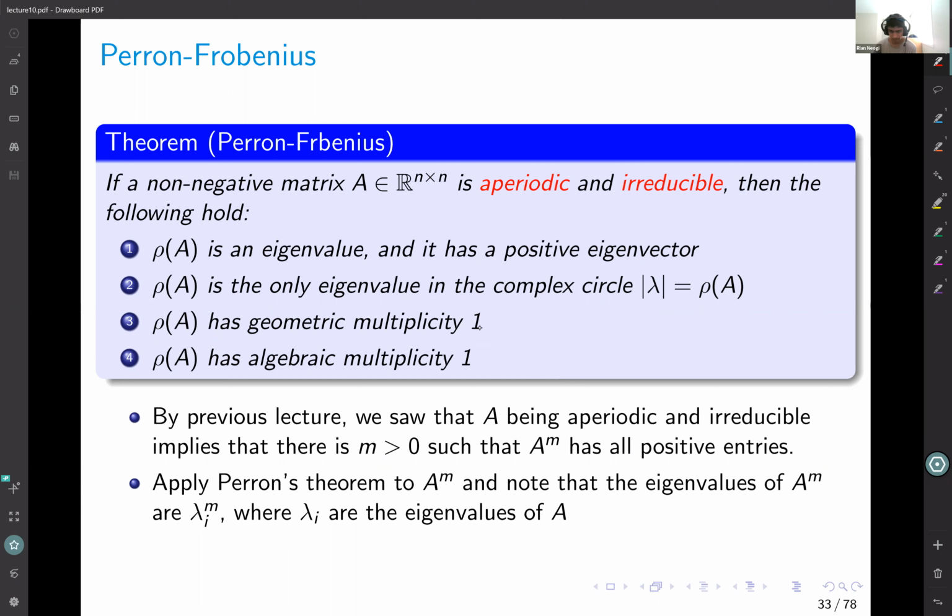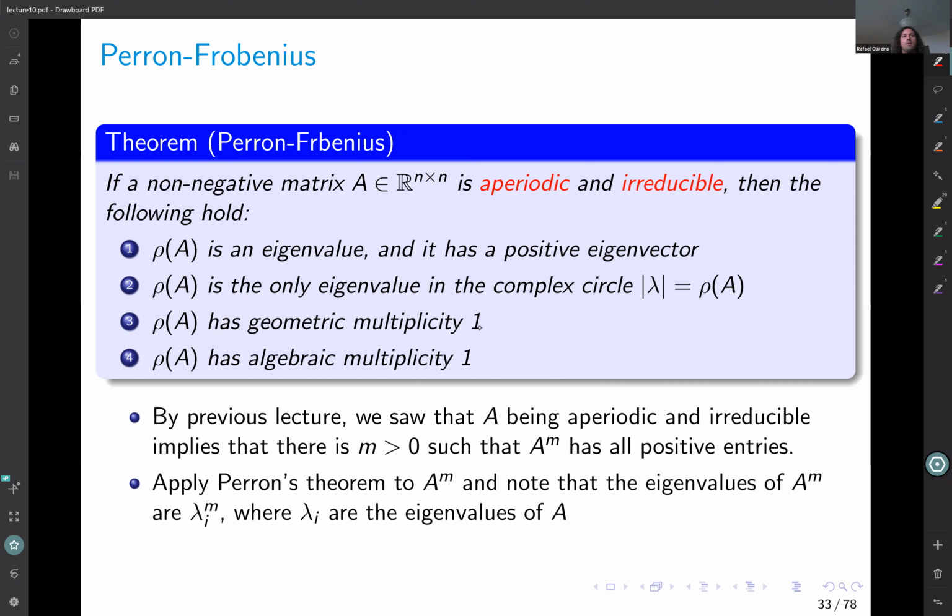This is clearly bipartite, so it's periodic. But then if you square it, you have the identity, with positive diagonal. So it's not true that aperiodic is equivalent to a power giving positive diagonal. You need the GCD. I have to think about it. Okay, but just look at this example. Yeah, this is the counterexample to your claim.